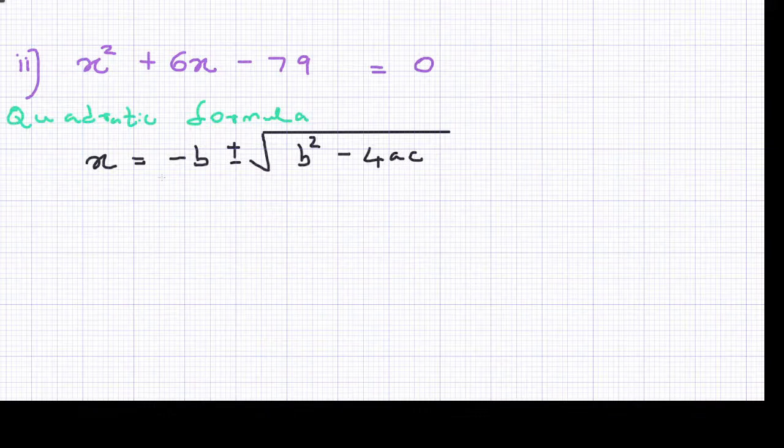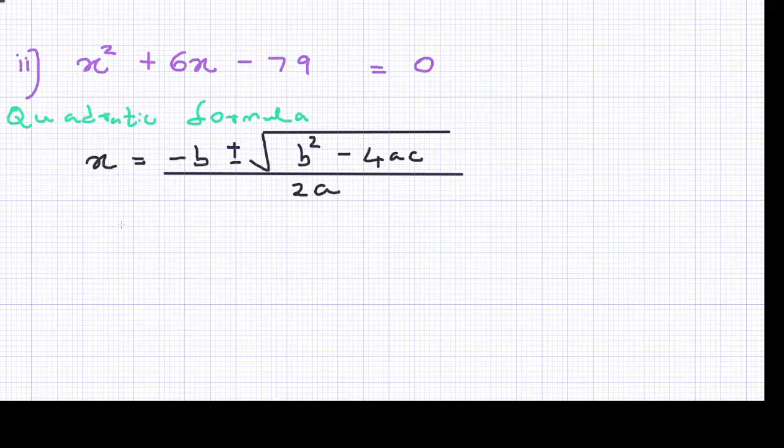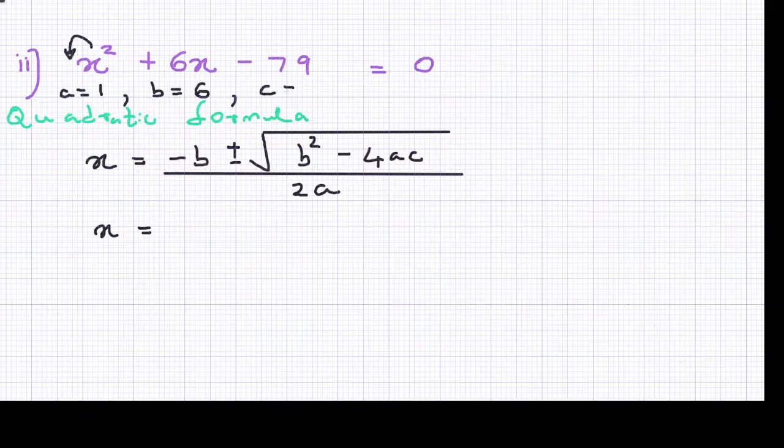Alright, what is a here? The coefficient of x squared. It's 1. And what's the b value? It's plus 6, or simply 6. And what is c? That is minus 79.